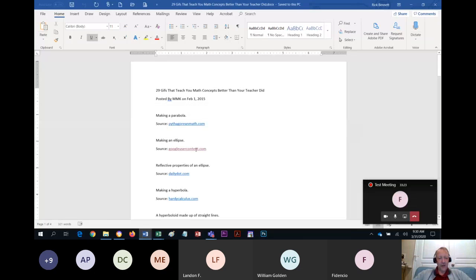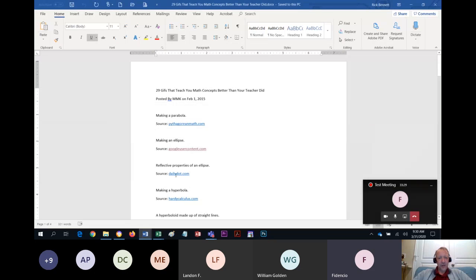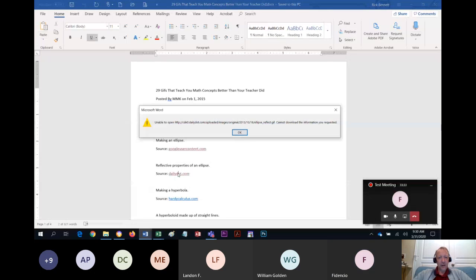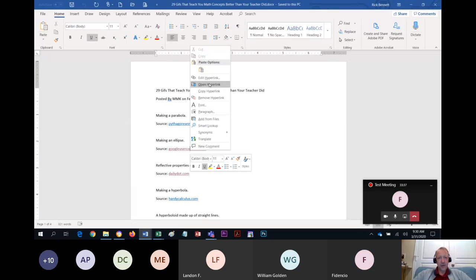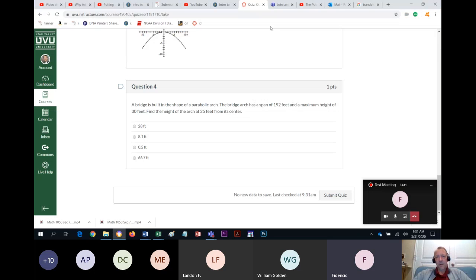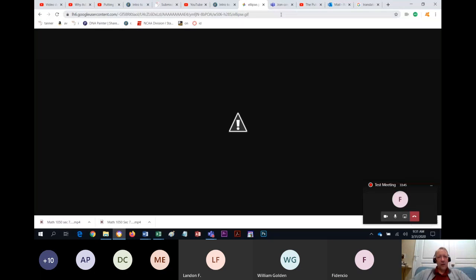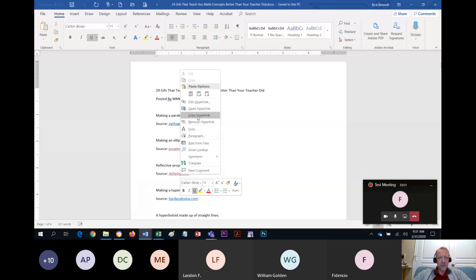Unable to open, why? Well, that's the pits. Okay, you're driving me a little crazy here. If I can do it myself. No, it didn't work. Well, we might dispense with this if it won't work.